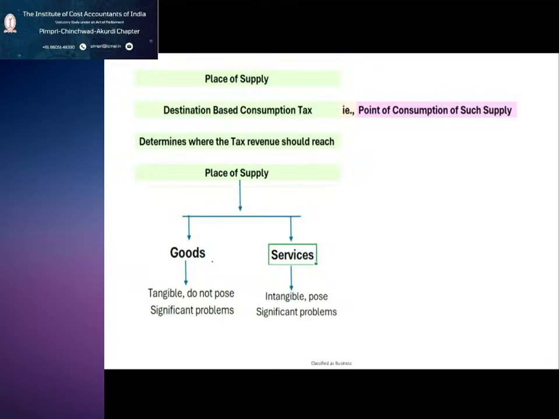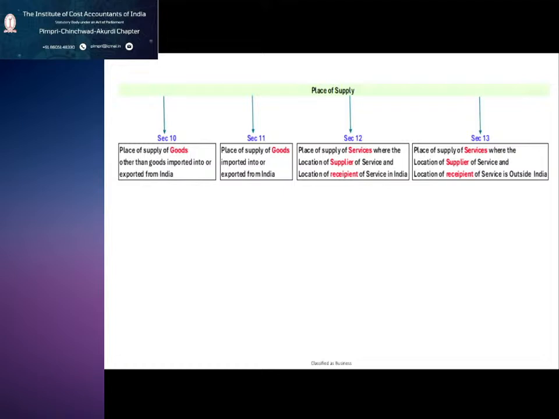That's why, if you see the sections, sections 12 and 13 are fully for service related matters only. Where the location of supplier of service and location of recipient of service are in India, it is under section 12, and where the location of the supplier of service or the recipient of services is outside India, it is under section 13.